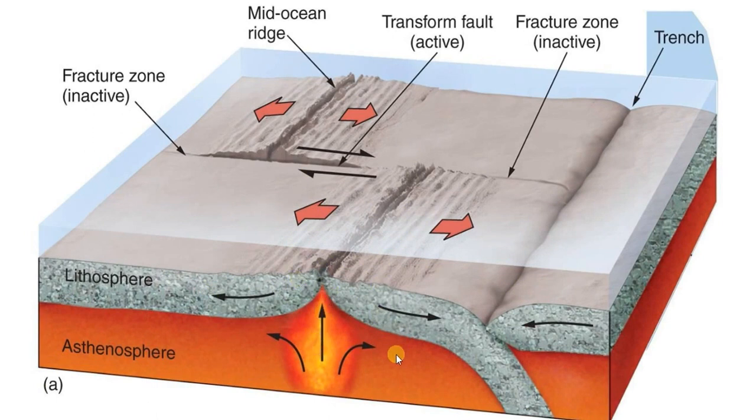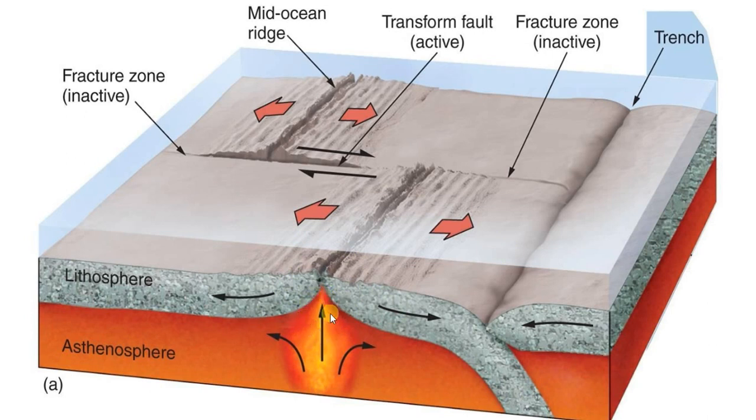Now here we don't have melting because of subduction like this plate will eventually do. But instead we have what's called decompressional melting happening right here. Because these plates are being pulled apart or pushed apart, whichever theory you want to resign yourself to, there's less pressure from the crust pushing on the asthenosphere here.